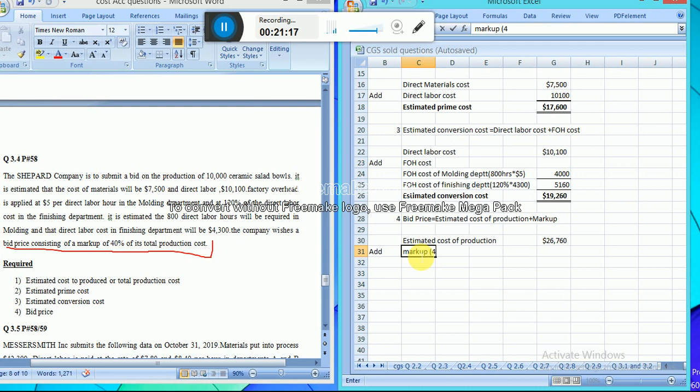40% of what? 40% of the estimated production cost of 26,760.